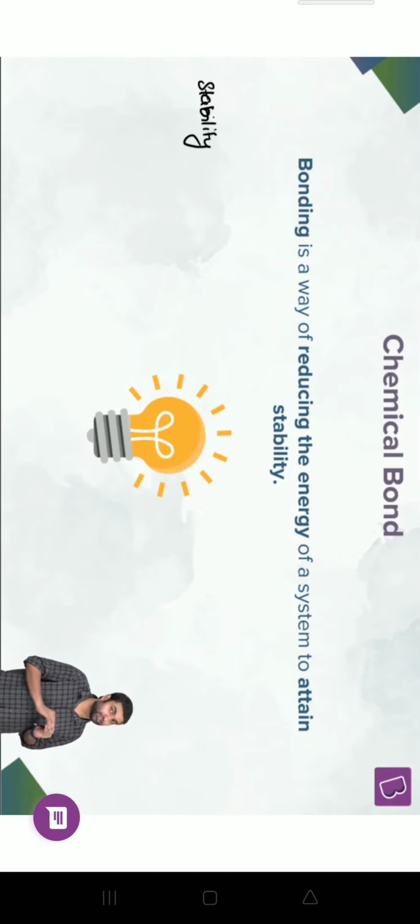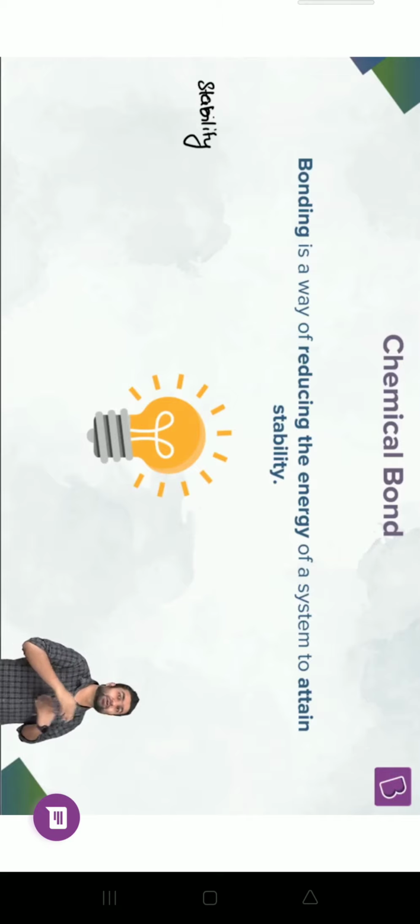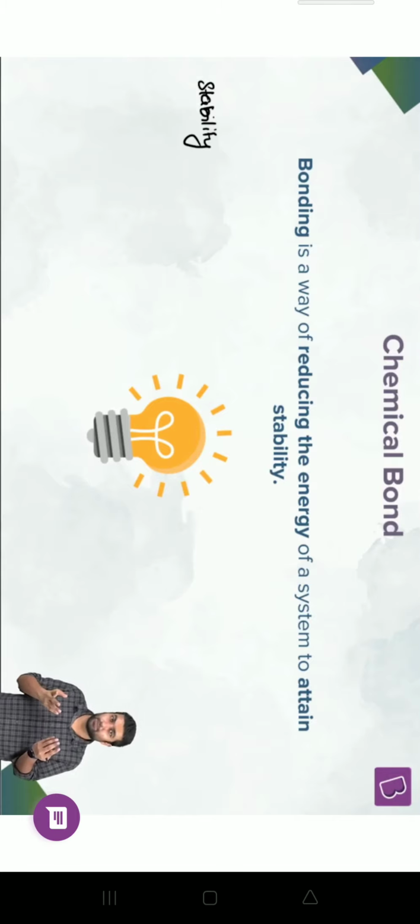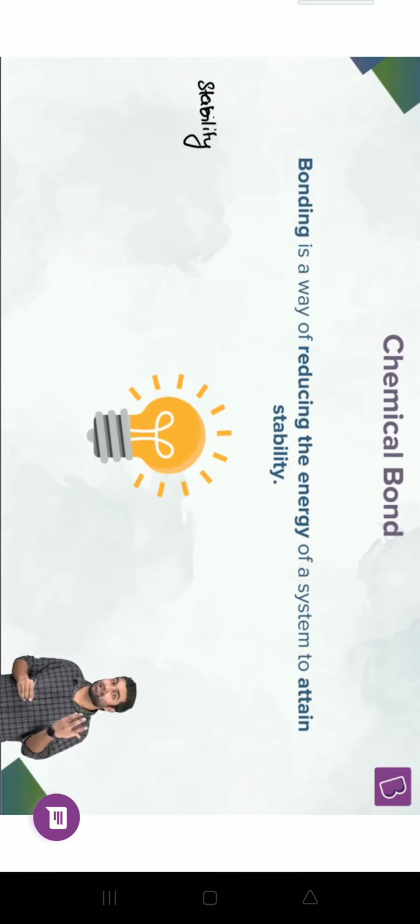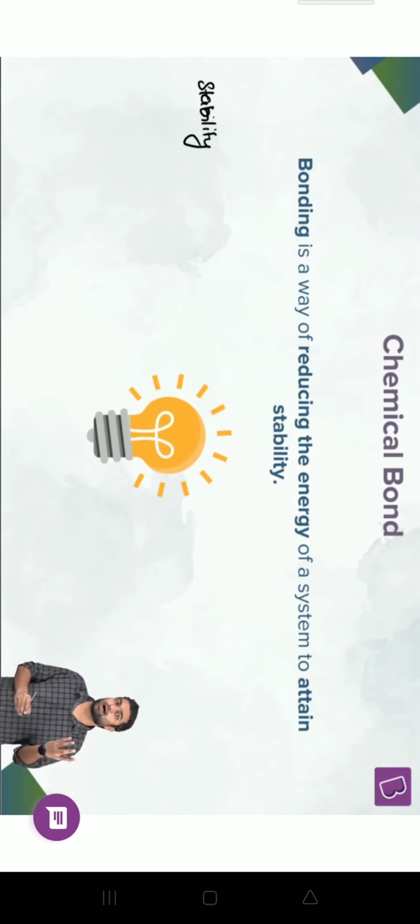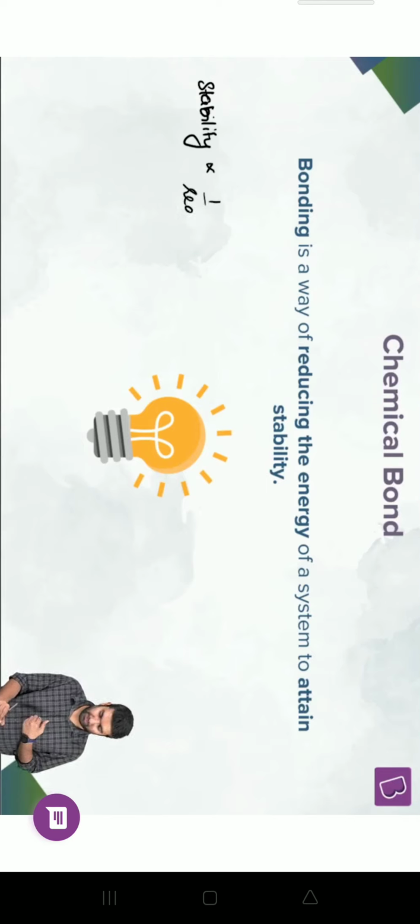If I'm very prone to change my state to something else, if I want to react with something and convert into something else, I'm not very stable. For stability to be high, reactivity has to be low.